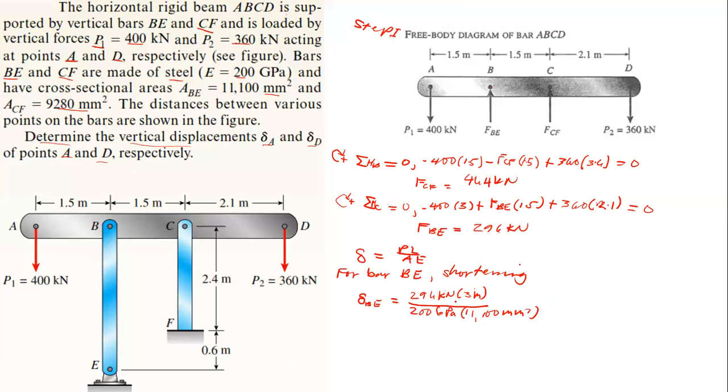Manipulating the formula, we know how to convert the units. Then this is equal to 0.4 mm. Next is the shortening of bar CF.